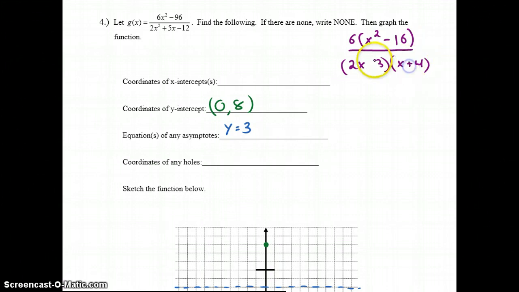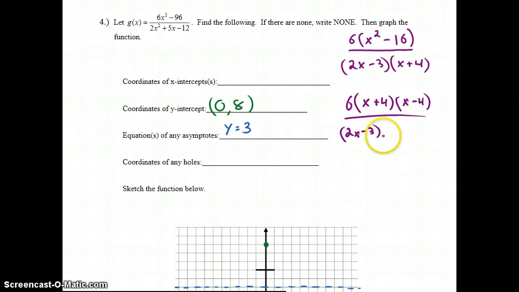Make this an x plus 4 and a 2x minus 3. Now I've got positive 8x and negative 3x, which gets me positive 5x. That's what I need. So the numerator is the difference of squares, x plus 4, x minus 4. The denominator is 2x minus 3 and x plus 4.